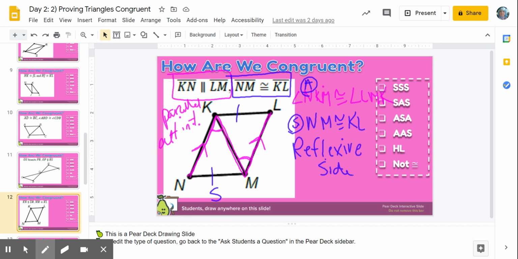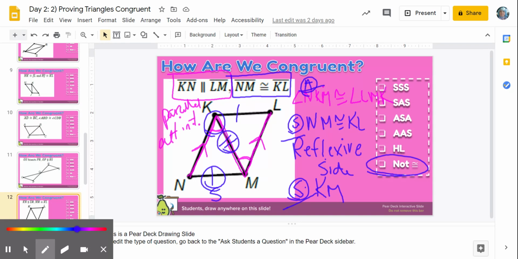Where do they meet? Where are they adjacent? KM for sure. So I've got a side at KM. In the order that we did it, we've got an ASS triangle, which we know we can't do. But if we look here, we've got angle, side, side. So can I do this one? Cannot. We would need one more piece of information somewhere about that triangle, whether it's another side or another angle. Okay.